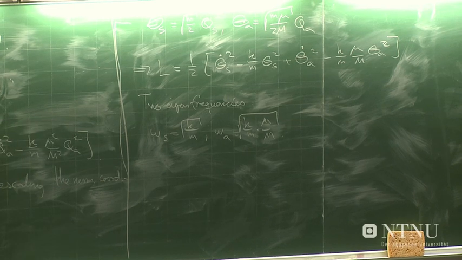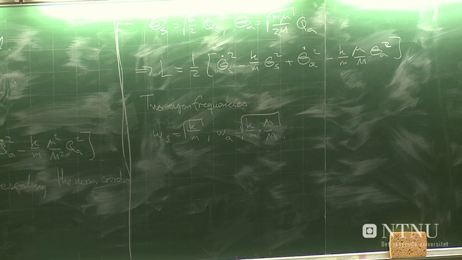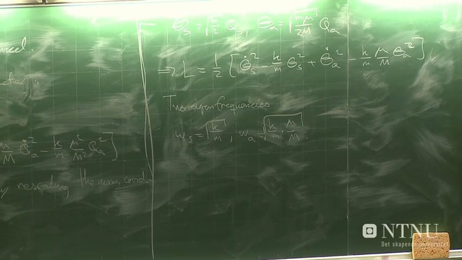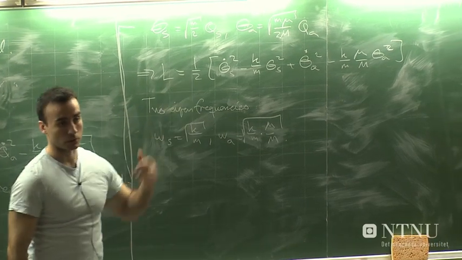Okay, so this was one way to solve the system. The strategy was to write down the Lagrangian and then immediately transform the coordinates to normal coordinates. So we got this simple form. That's one way.